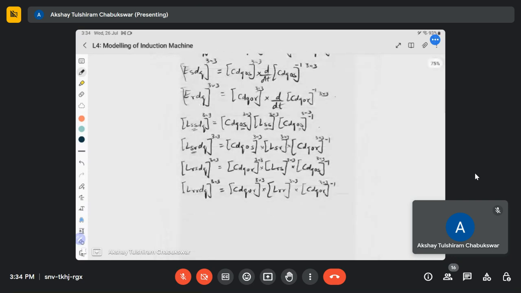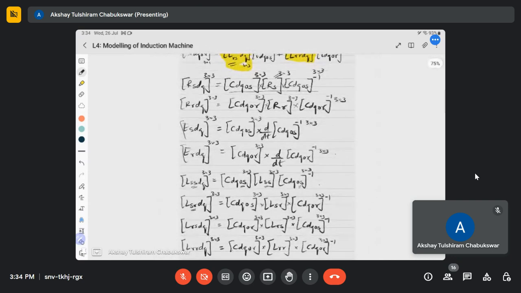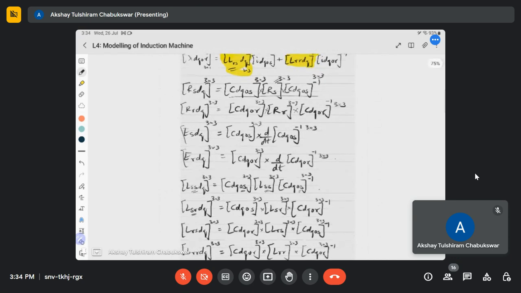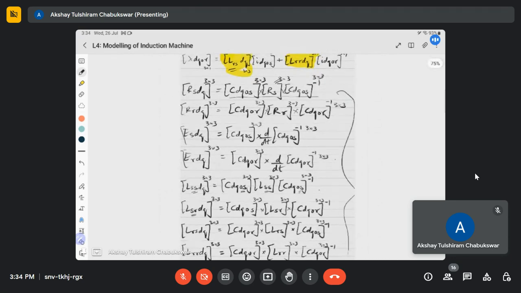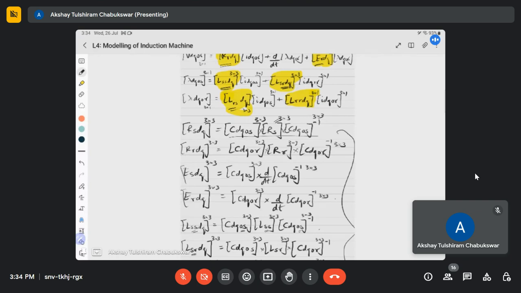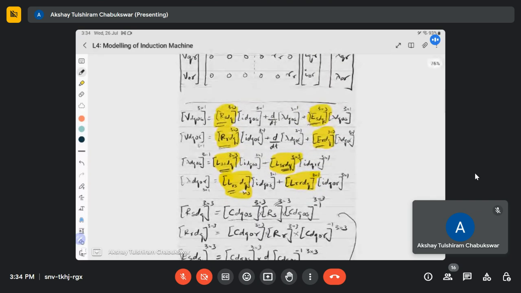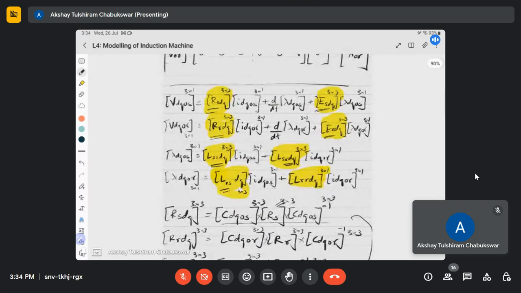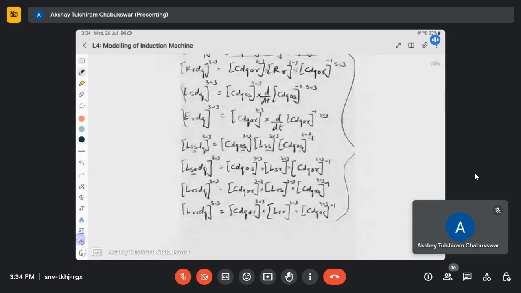Observe the pattern. So you have to solve all of this to get the state space representation in terms of dq. Okay, so it is very manual work.